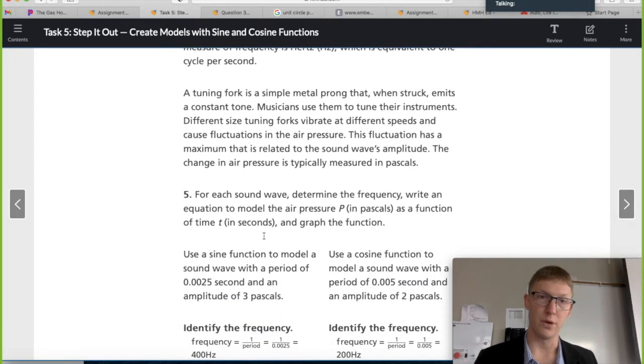For each sound wave, determine the frequency. Write an equation to model the air pressure P in pascals as a function of time T in seconds, and graph the function. So use a sine function to model a sound wave with a period of that number of seconds and an amplitude of 3 pascals. So first of all, we want to find the frequency.